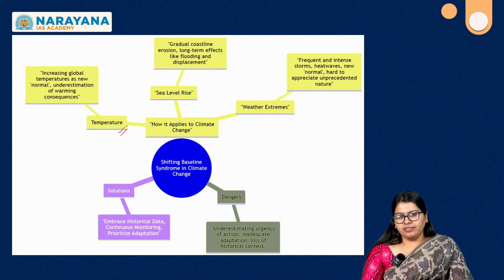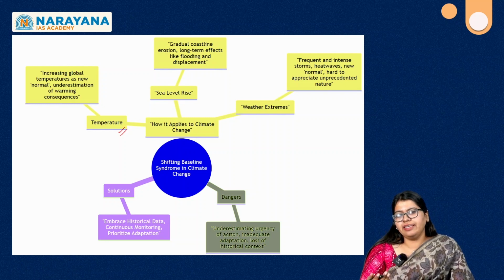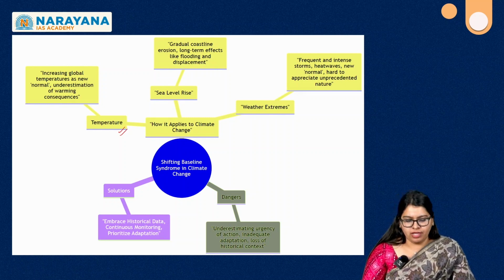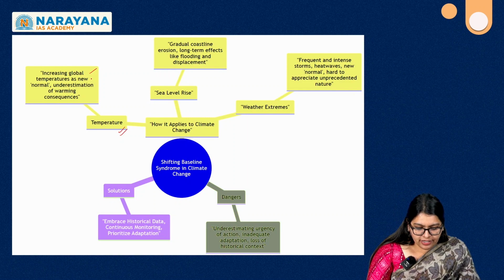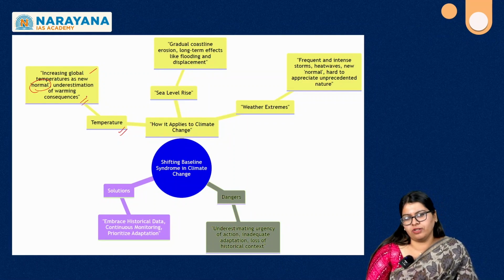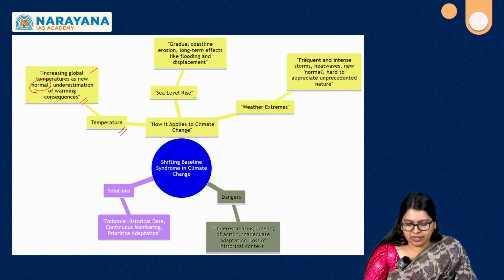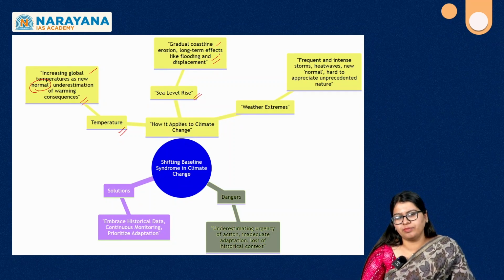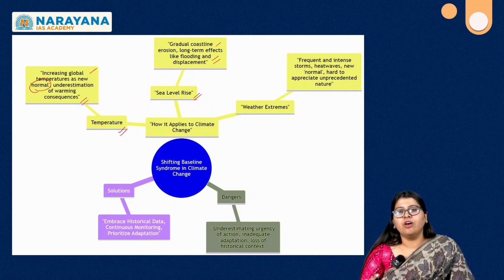So we consider the already increased temperature to be normal. However, if you see increasing global temperature as the new normal, it underestimates the warming consequences. The same thing applies to sea level rise, where the gradual coastline erosion and the long-term effects like flooding and displacement are also underestimated, as we perceive the already eroded coastline to be the new normal.